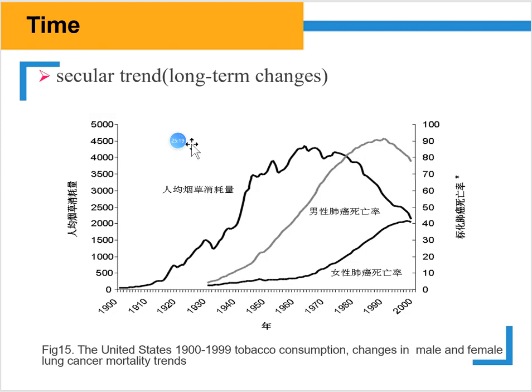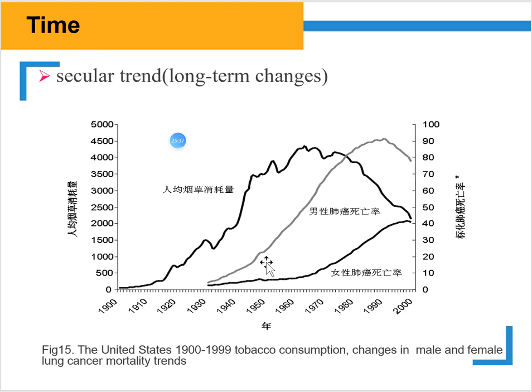Figure 15 is the tobacco consumption and lung cancer mortality changes in male and female in the United States during 1900 to 1999.